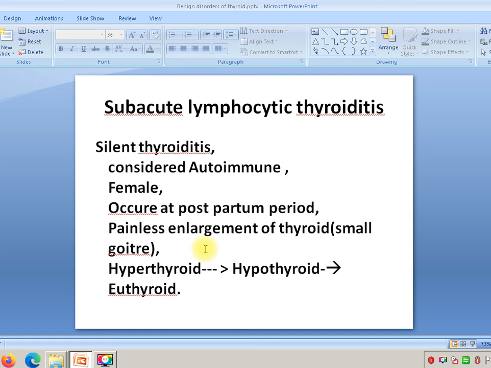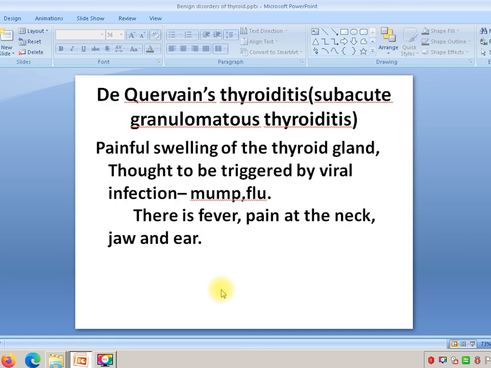First the lady will have hypothyroidism. So it is followed by hypothyroidism. Then after a few days or after a few months, the patient may regain the euthyroid state. This is something we may encounter in our day-to-day practice.